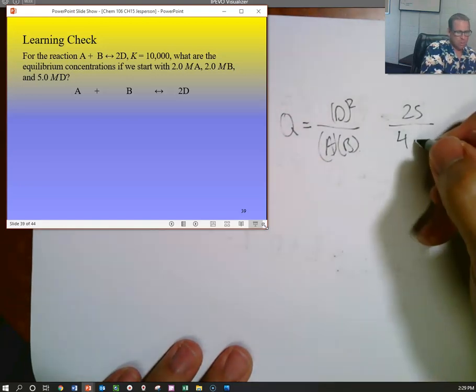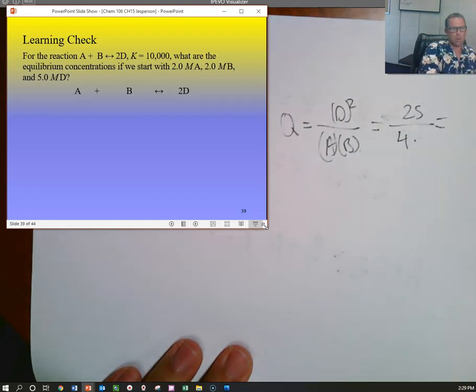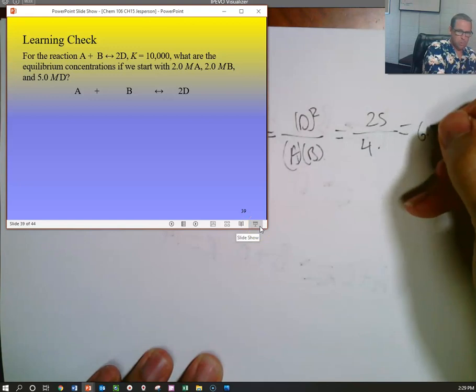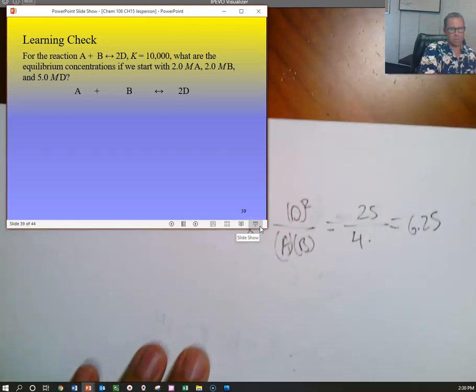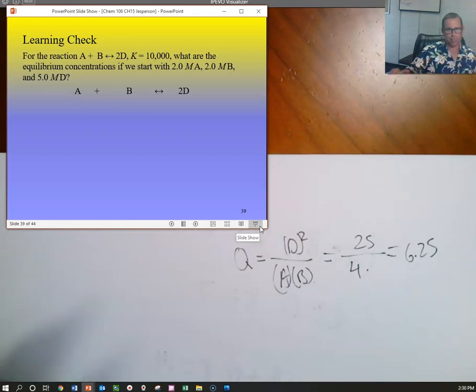Once we solve for that, it's going to be 25 divided by 4, so 6.25. And so the equilibrium constant is 10,000, so we're way below that. So I think it started to move in the direction of equilibrium, but we're not anywhere near equilibrium.